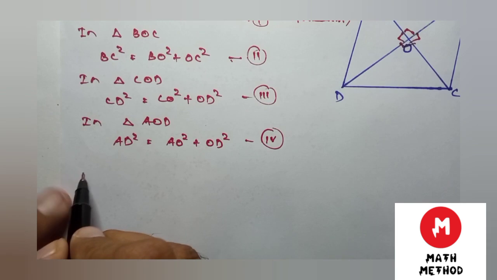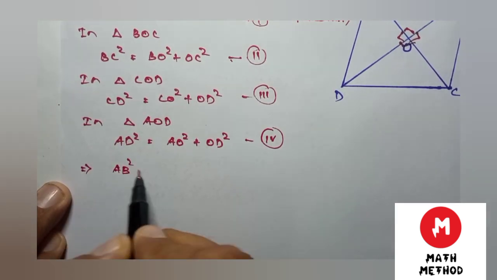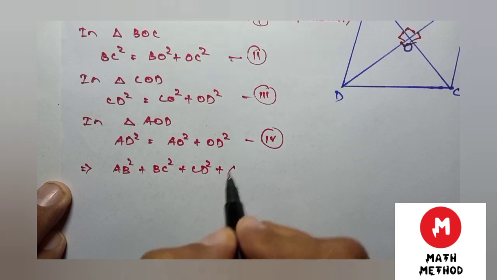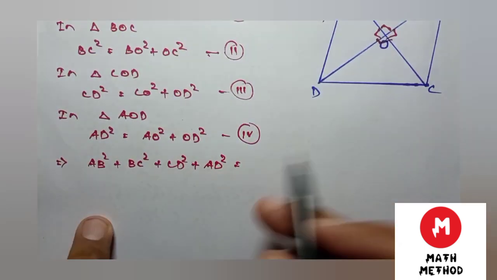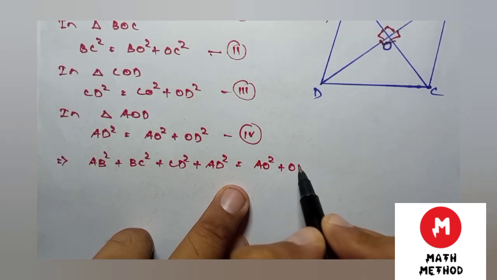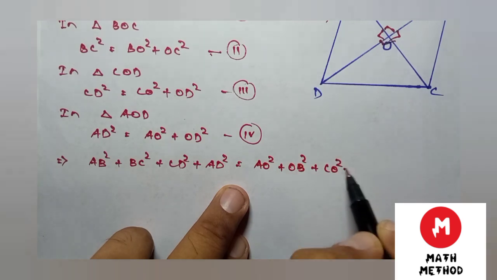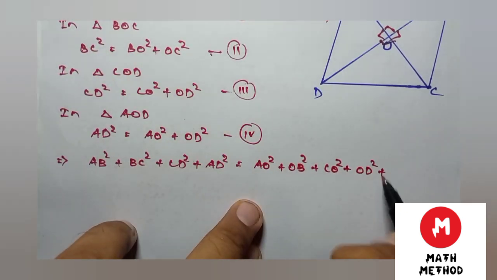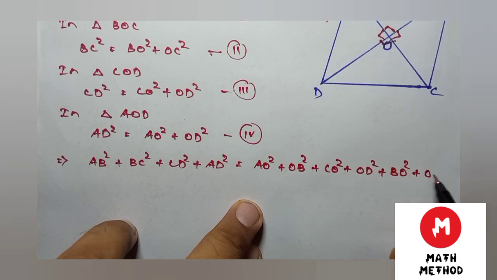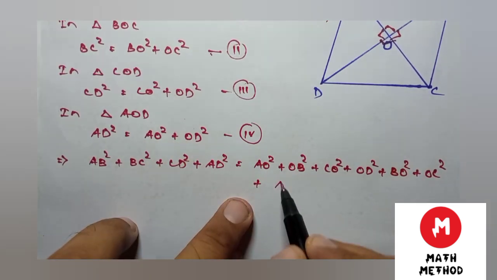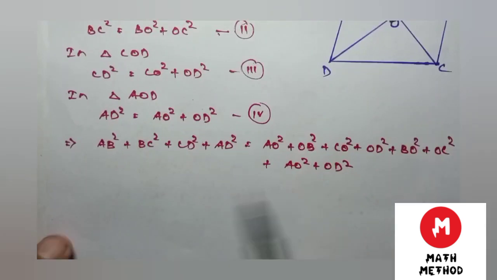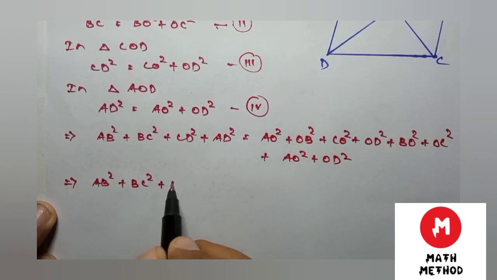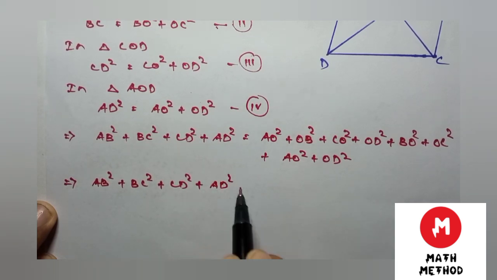So we will get AB square plus BC square plus CD square plus AD square is equal to AO square plus OB square, plus BO square plus OC square, plus CO square plus OD square, plus AO square plus OD square.